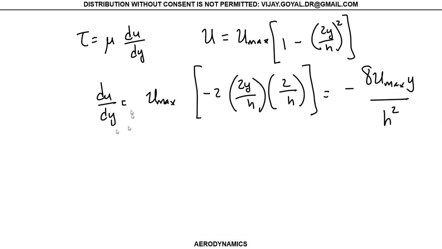Okay, so this is the value of du dy. That means your shear stress is equal to minus 8 mu u max times y over h squared.